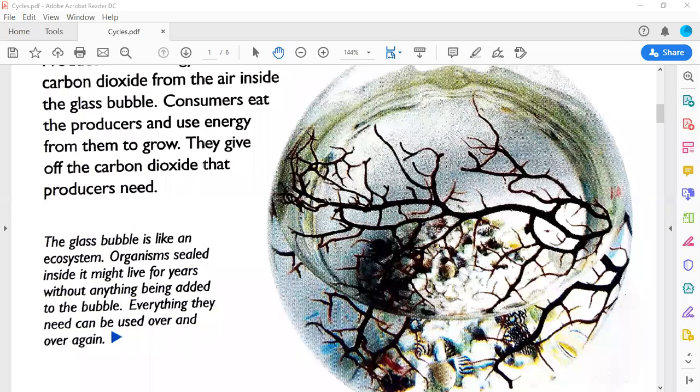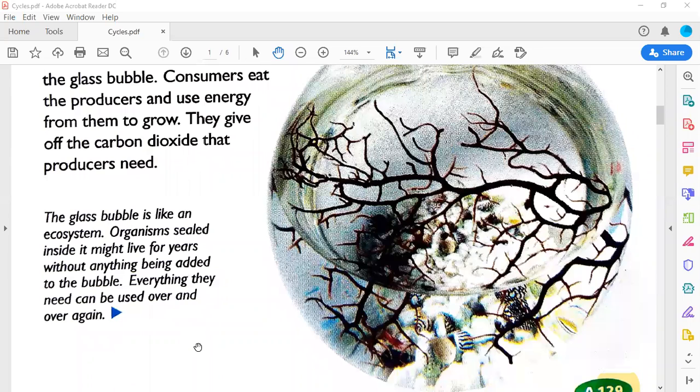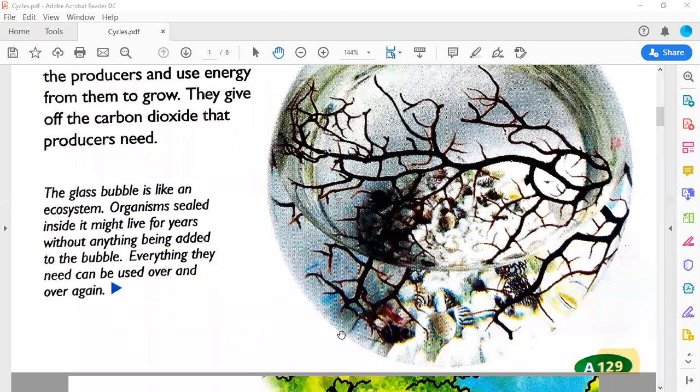So that's why we call it a cycle, right? It's going over and over and over again. So it doesn't have an ending point. All right. It says the glass bubble is like an ecosystem. Organisms sealed inside it might live for years without anything being added to the bubble. Everything they need can be used over and over again. This was exactly what I was saying.